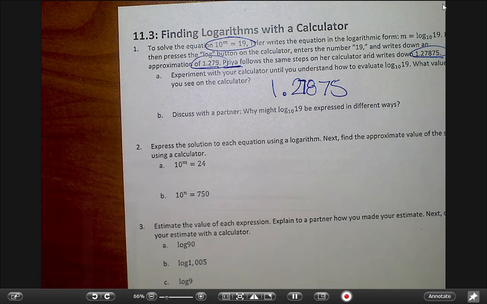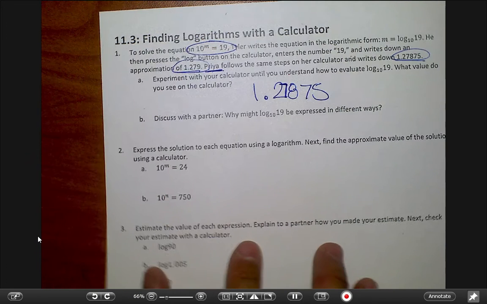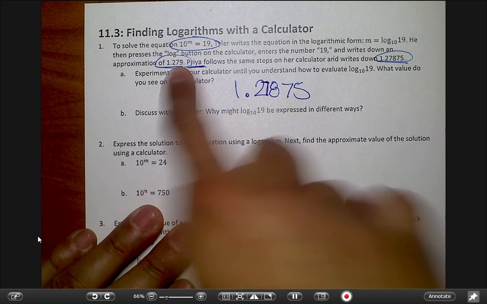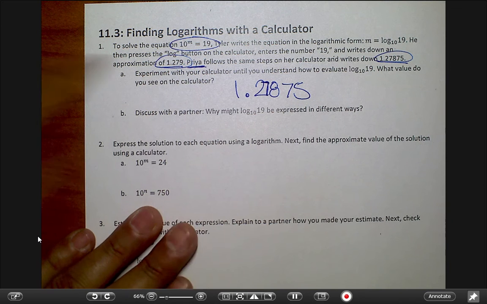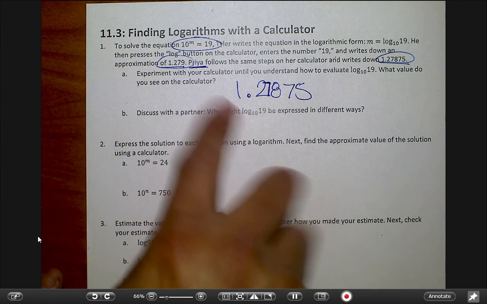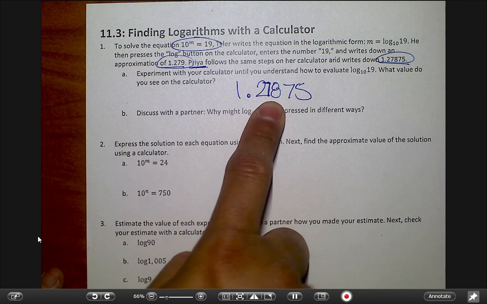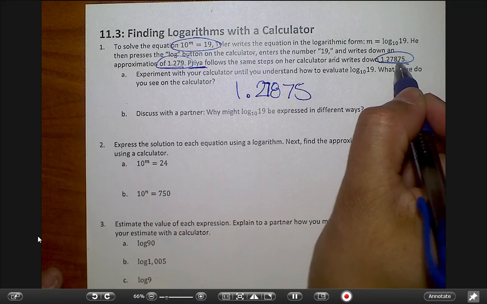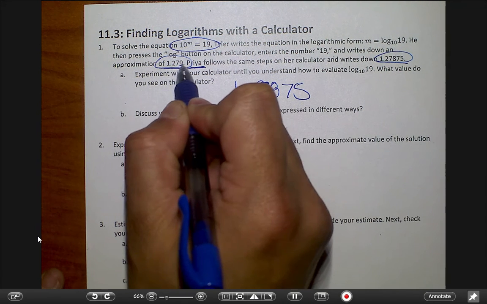All right, now let's see right here. So, what's the difference between these two answers and my answer? You rounded, didn't we? Is that the only difference right there? They should be the same answer, but if you notice right here, they rounded to the third digit.